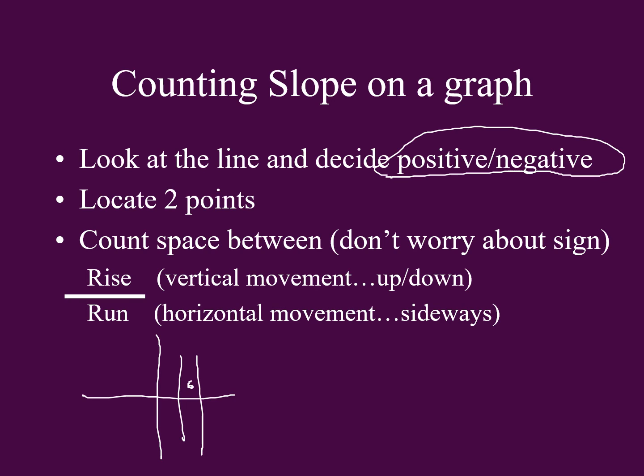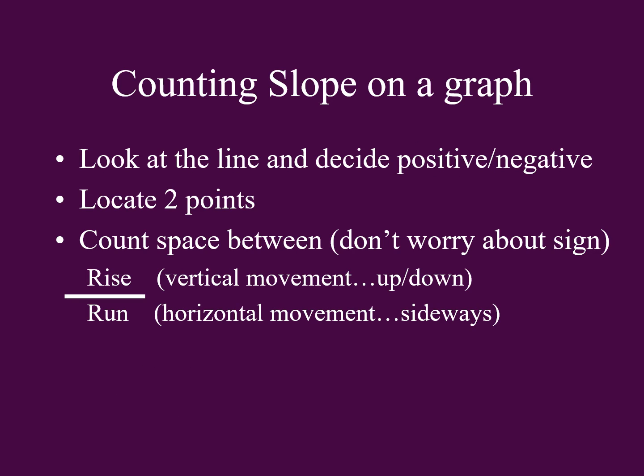You don't want to pick one that's in an empty space. You want one that's at a corner, and not just one in the middle. All right, count the spaces with your rise and your run. You've already decided if it was positive or negative, so you don't have to worry about going up or down. You just count rise and run from point to point.